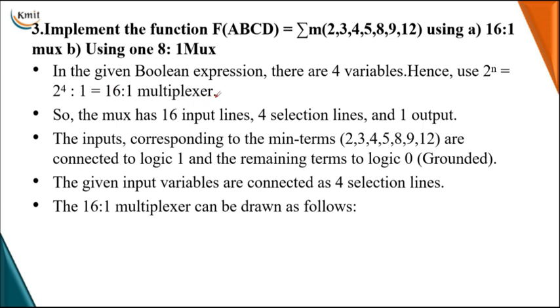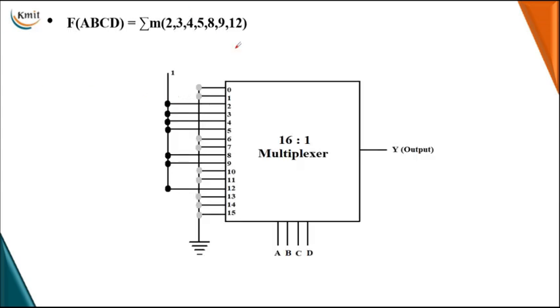And then the 16 input lines on your multiplexer we are representing as 0 to 15, and your selection inputs are connected with your input variables. When I want to implement the given function, you should connect the most significant bit with the most significant bit of your selection lines, S3. The least significant is connected to S0.